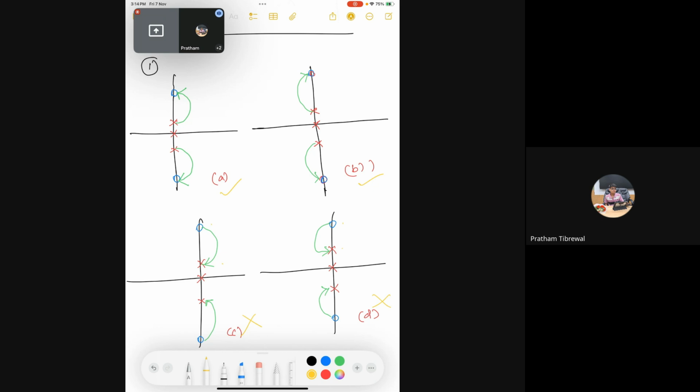Stability? Wait, I missed a part. Since we ruled out C and D, that's okay. From here you tell.